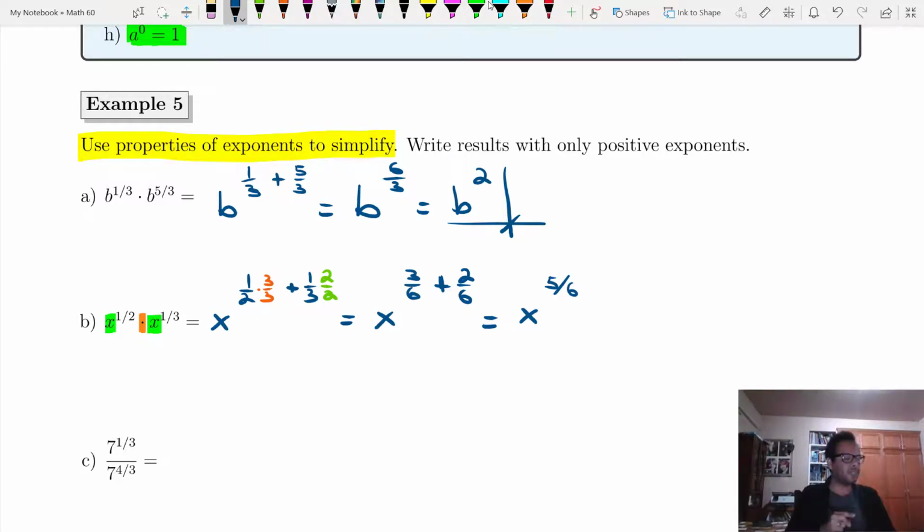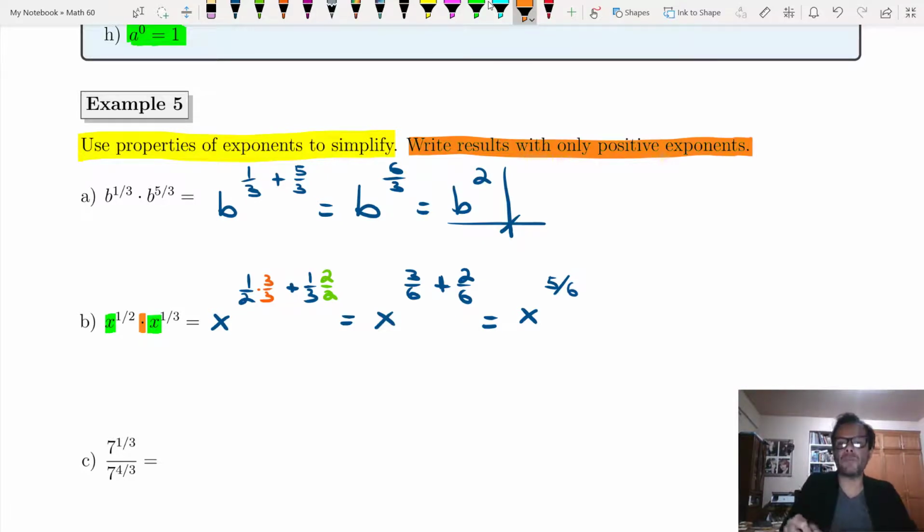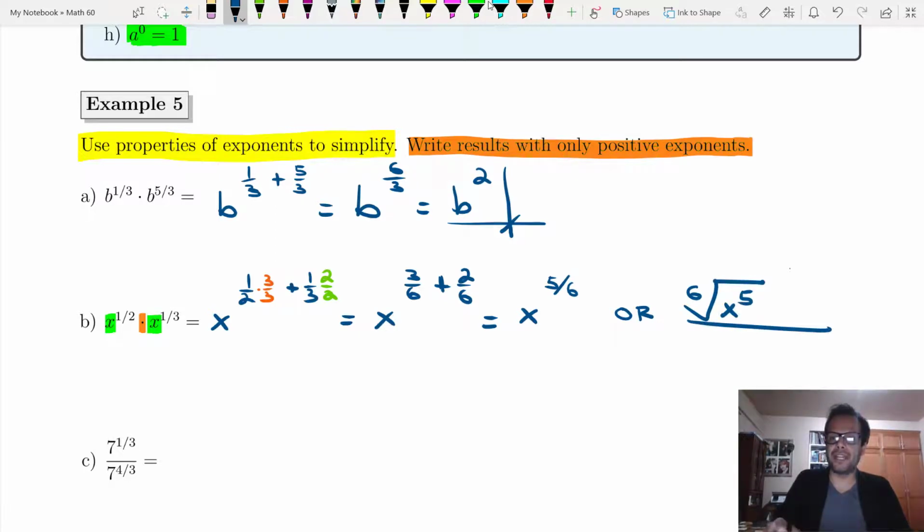In the instructions, we are required to write only positive exponents. However, how about we practice writing this using rational exponents? Using rational exponents, the index will be 6 because that's the denominator of the rational exponent, and x to the fifth remains inside.